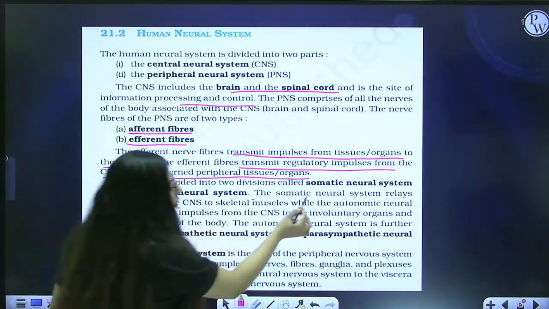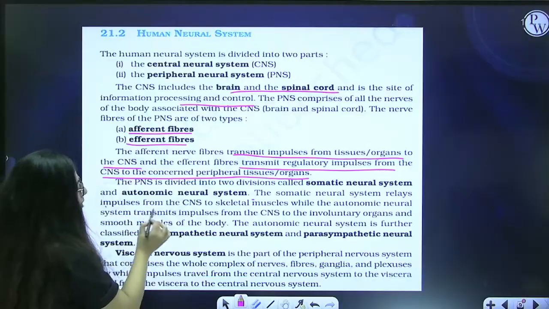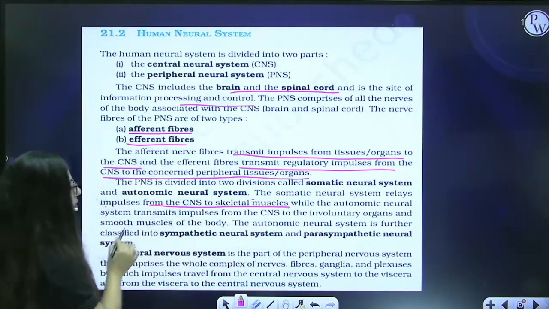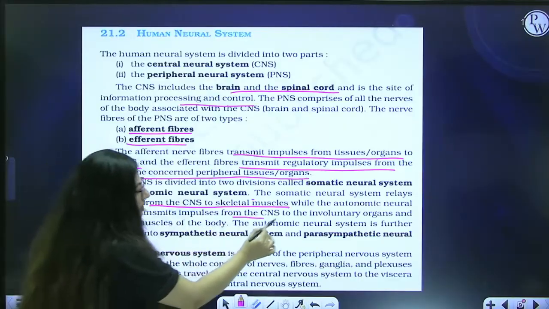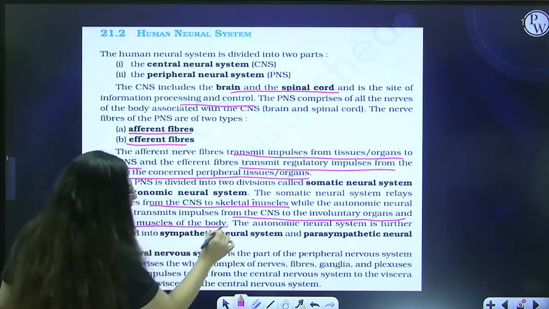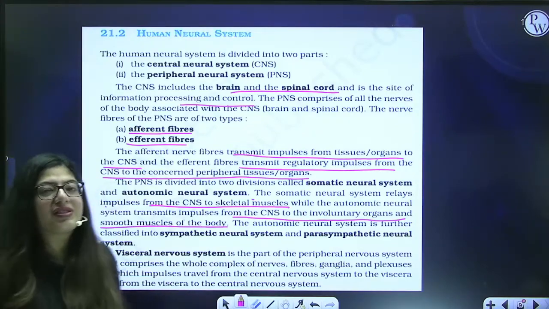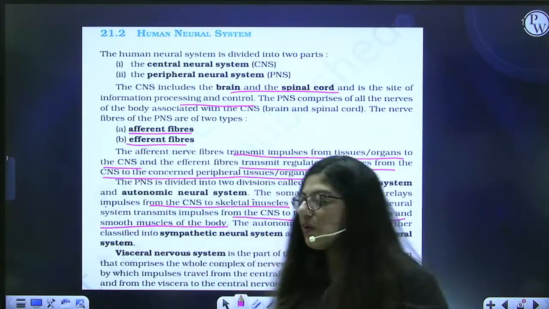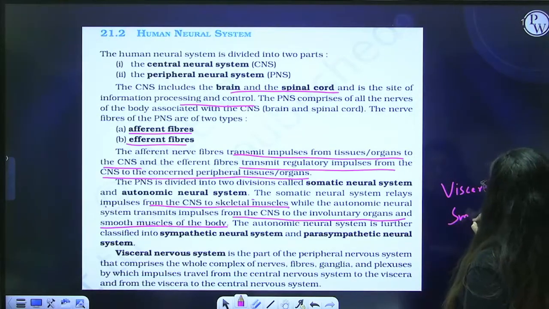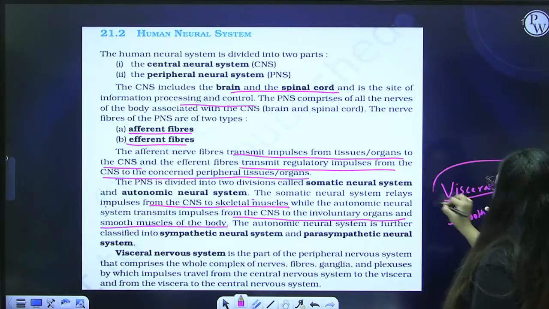The somatic neural system relays impulses from the CNS to skeletal muscle, while the autonomic neural system transmits impulses from the CNS to the involuntary organs and the smooth muscles of the body. So as I've told you, it goes to the visceral organs. If I'm talking about visceral organs, I'm also talking about smooth muscles and involuntary organs, because visceral muscles are involuntary.